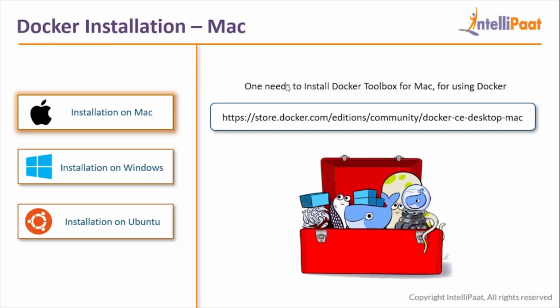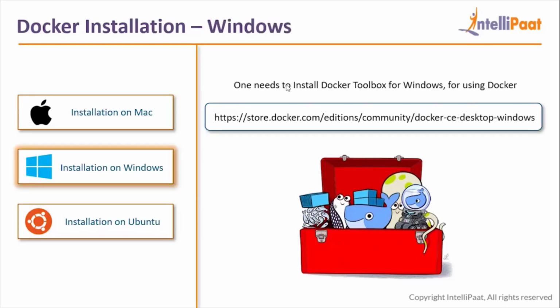Just go to this particular link, download the Docker software, and once you have it, come back to this CLI and pass the command docker version. If you get the reply as the version of the Docker which is running on your system, your software is successfully installed, right? So this is the installation for Mac.